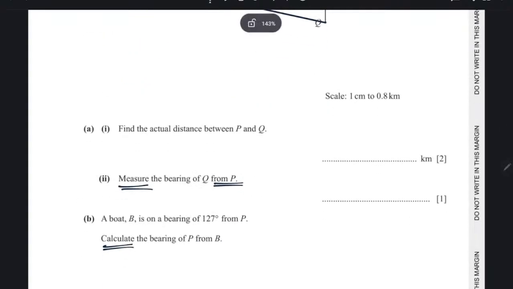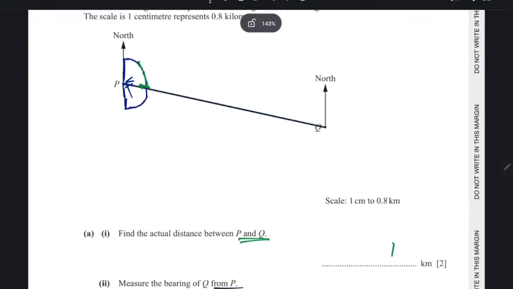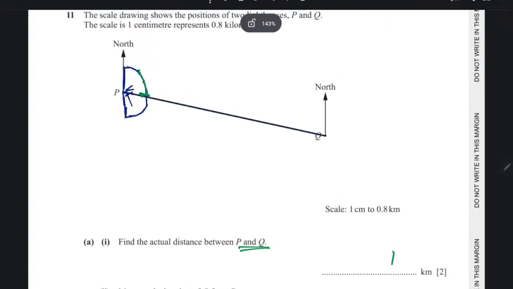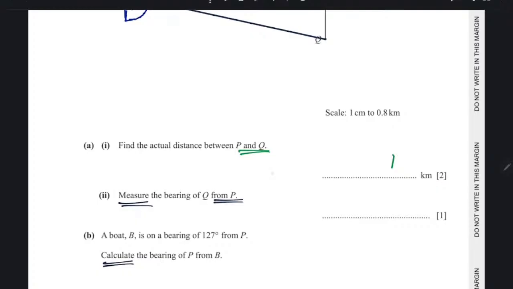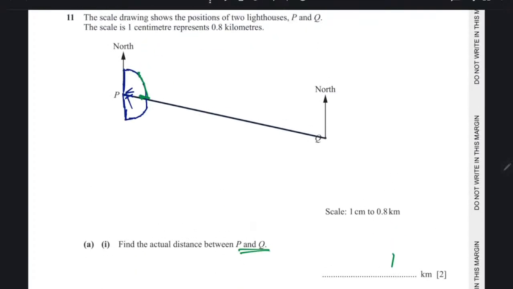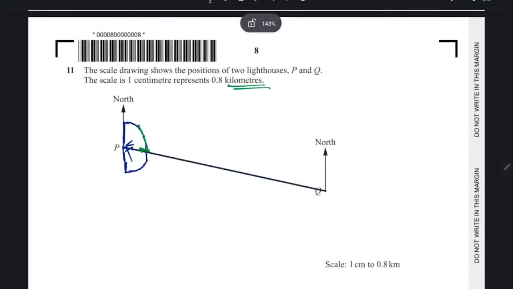Now here it says find the actual distance between P and Q. When you want to find the actual distance between P and Q, you just measure the distance with a ruler, then you use the scale. Remember we said, what do you do with the scale?